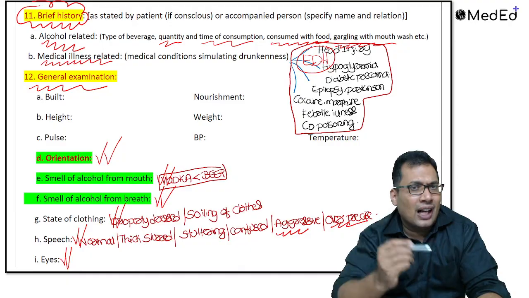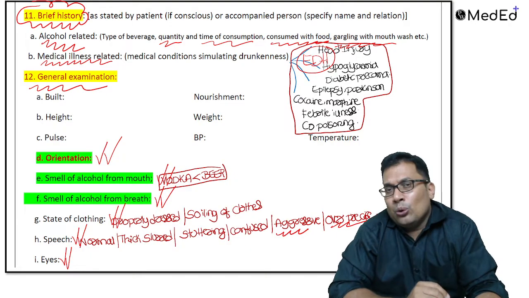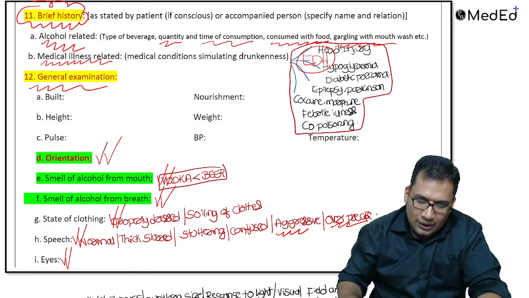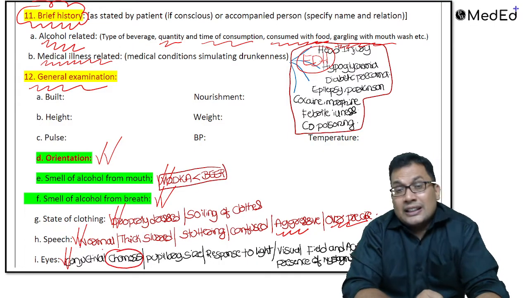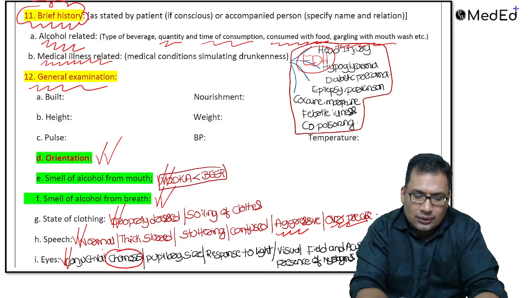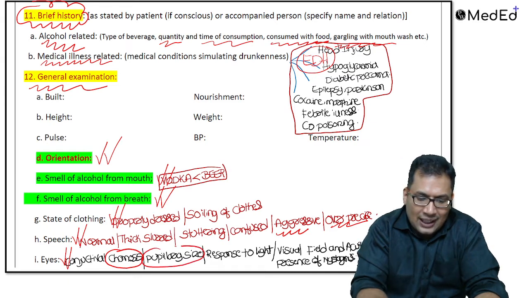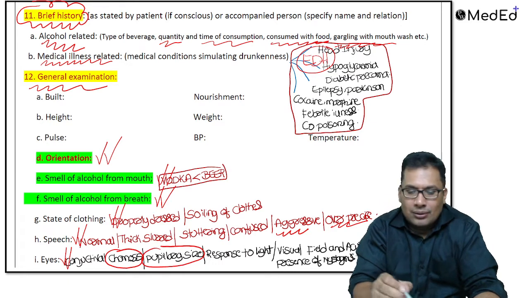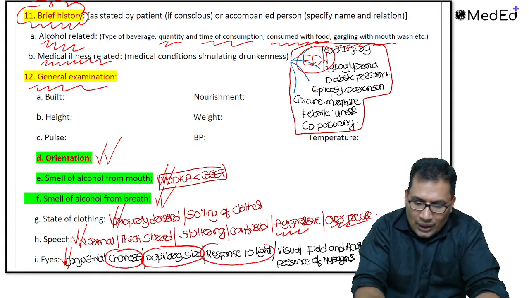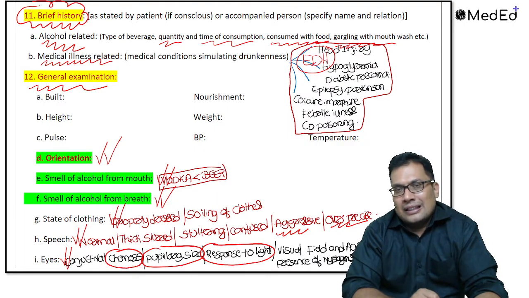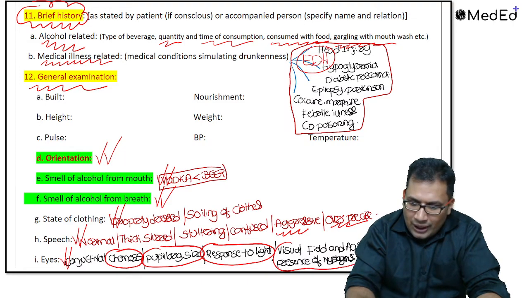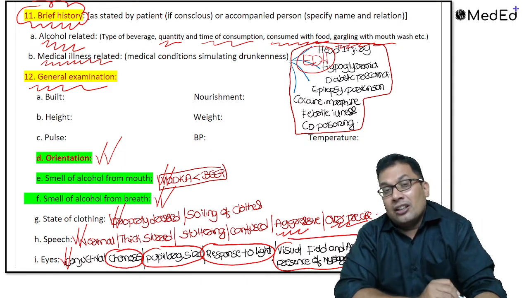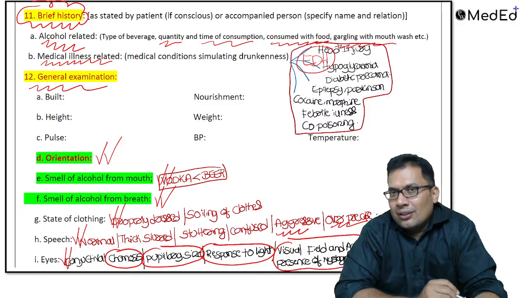Then in eyes, you should look for any conjunctival chemosis, present or not, pupillary size, whether dilated or normal, response to light, sluggish response, normal, visual acuity and the visual field, the presence of nystagmus, yes or no, like that.